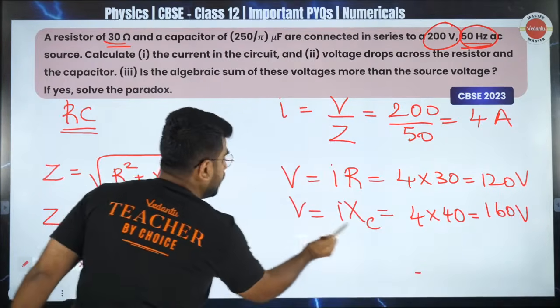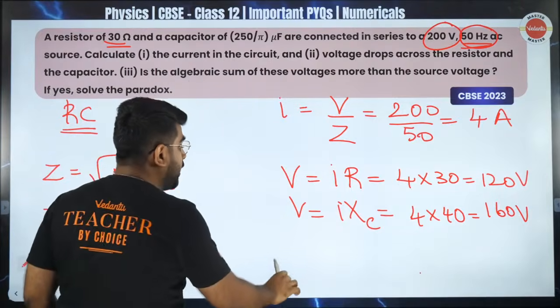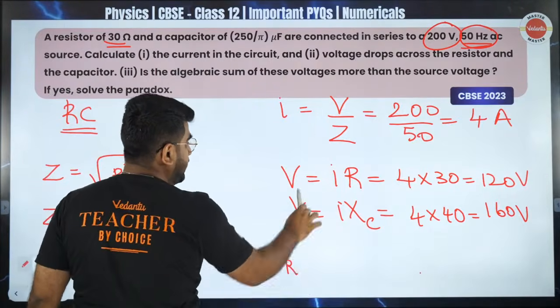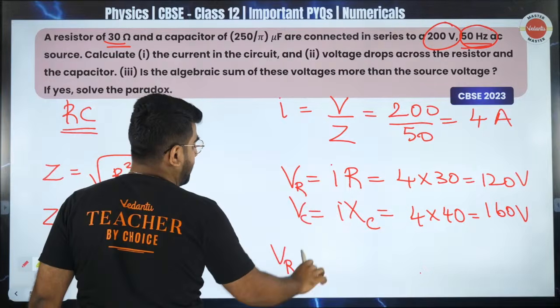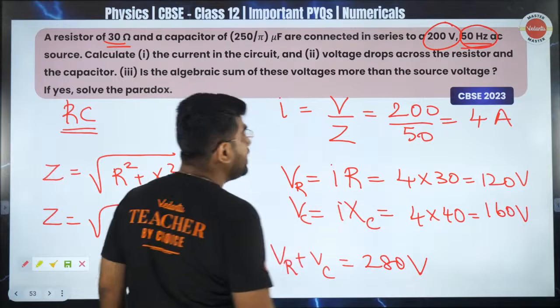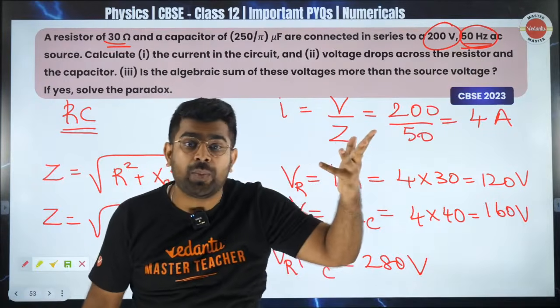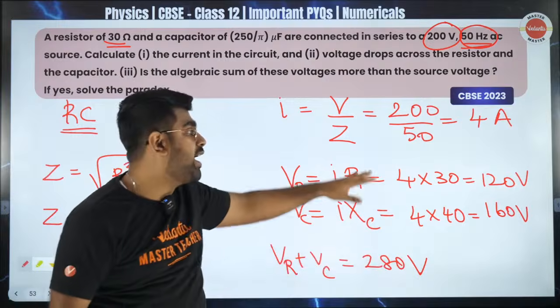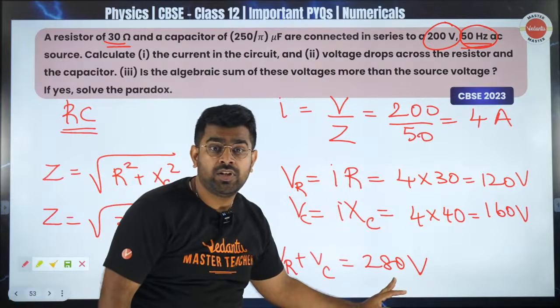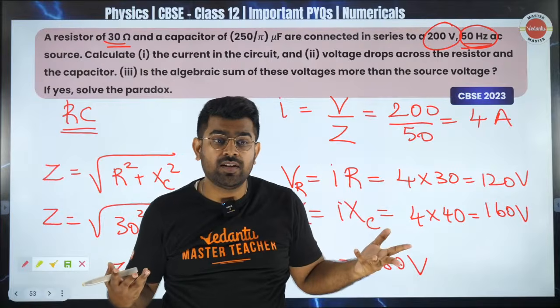Now, what is the algebraic sum of these two? Sir, if we add these two, resistance and capacitance, 280 comes, but what we have is only 200. What is the mistake?